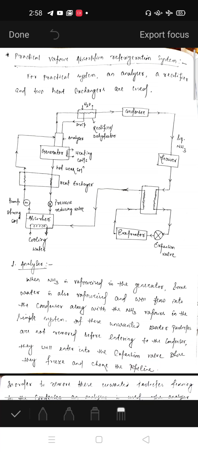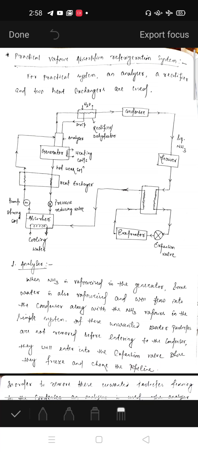First, see what the analyzer is and what its function is. What happens when the ammonia is vaporized in the generator? Some water is also vaporized and will flow into the condenser along with the ammonia vapors.